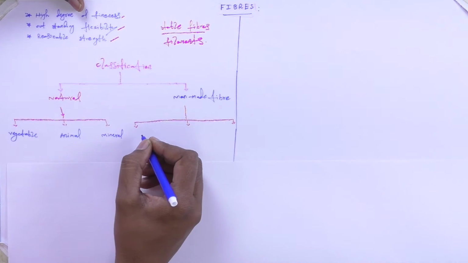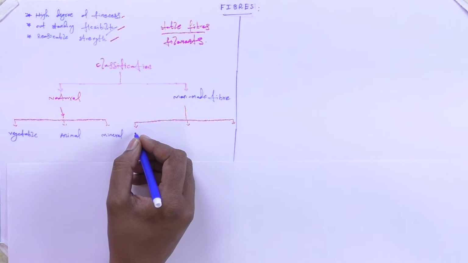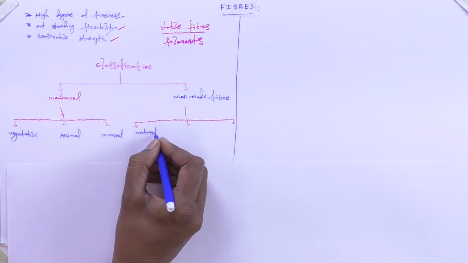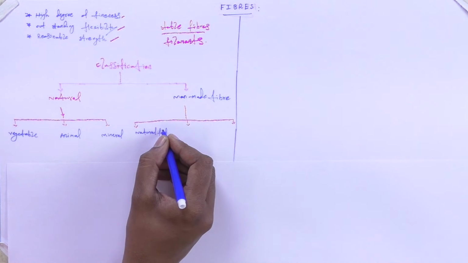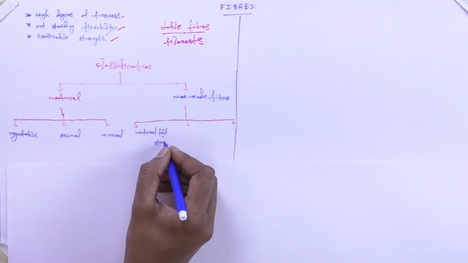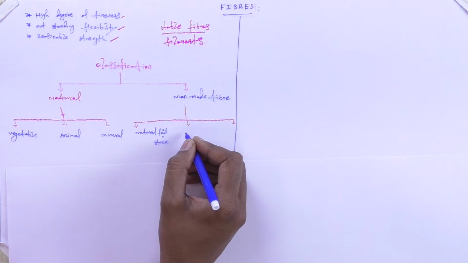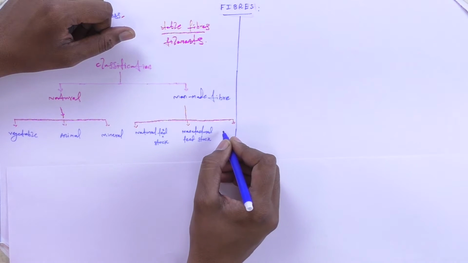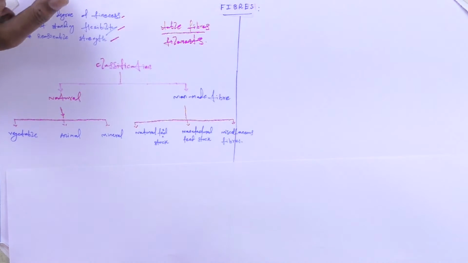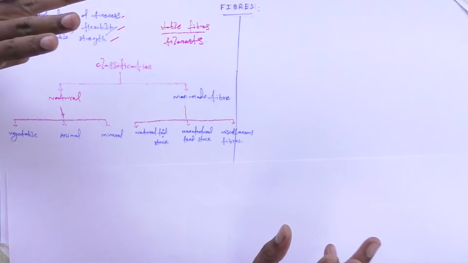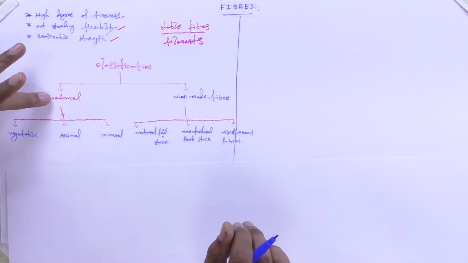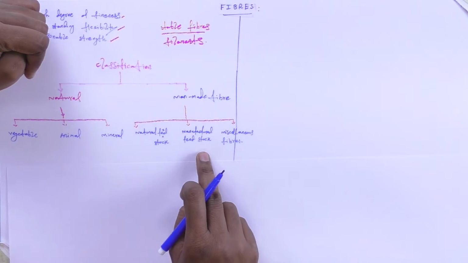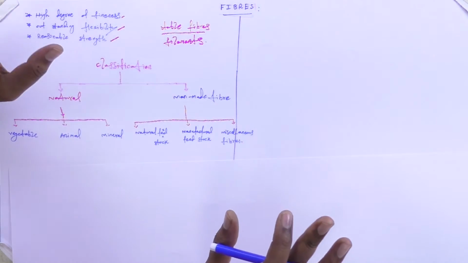The man-made fiber is further classified into derived from natural feedstock, derived from manufactured feedstock, and finally miscellaneous fibers. So totally two types, natural and man-made fiber, and further vegetable, animal, mineral, and then natural feedstock, manufactured feedstock and miscellaneous fiber.